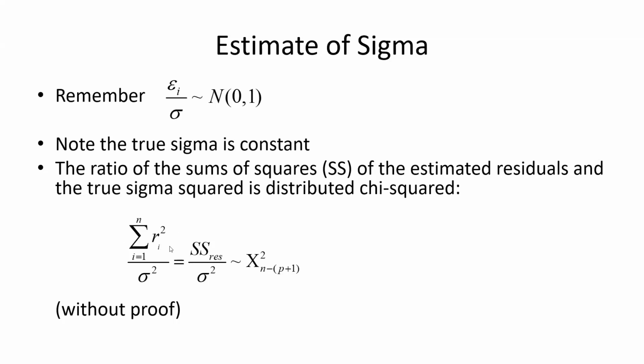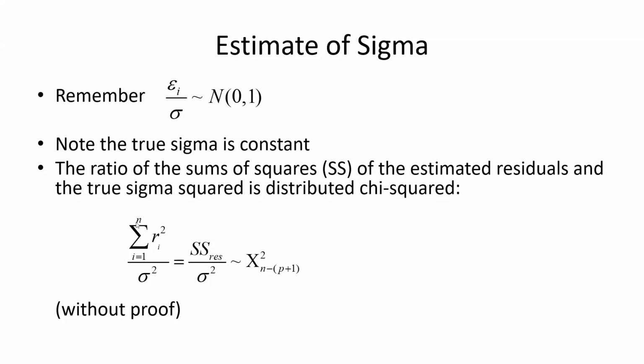These are normal 0, 1, and I can rewrite these as sums of squares residual. This is the same thing, right? And then I know, because it's the sum of standard normals, we know it's chi-squared.